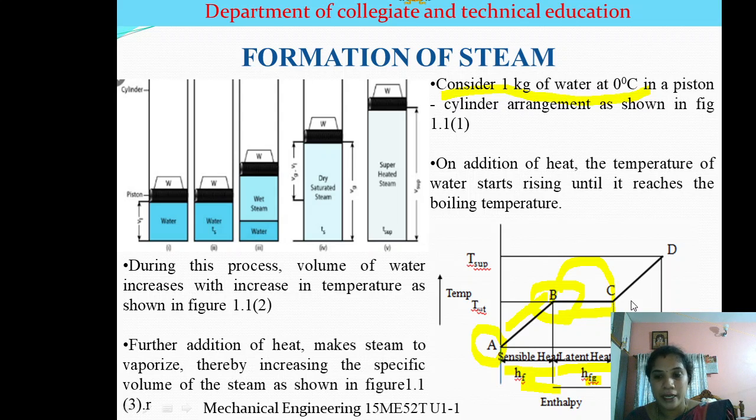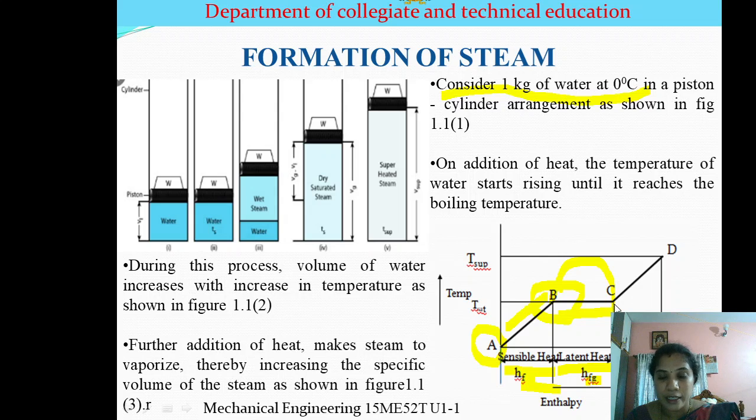Process B is utilized to convert the liquid form into the gaseous form, which is represented by the process B to C. During this process we will represent two diagrams, one to indicate the wet steam and another to indicate the dry steam, which is called the latent heat of evaporation, because this is a process where the evaporation is going to take place. Hence this is represented by the process BC.